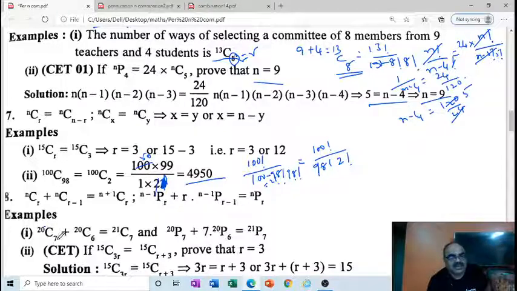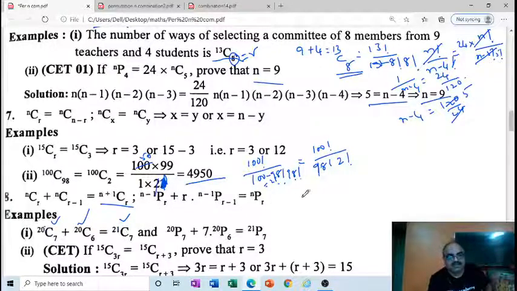This is n, this is r. 20C7 plus 20C6. r minus 1 is 7 minus 1, 6, equals n plus 1, 20 plus 1, 21C7. 20C7 plus 20C6 equals 21C7. This is nCr plus nCr minus 1 is n plus 1 Cr.